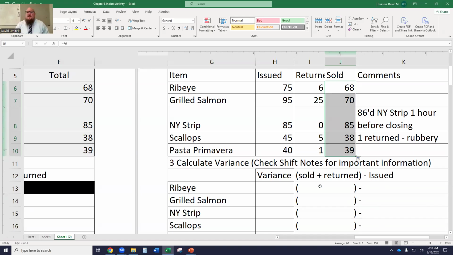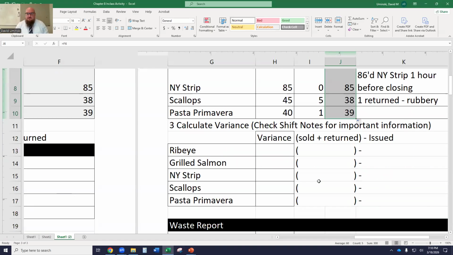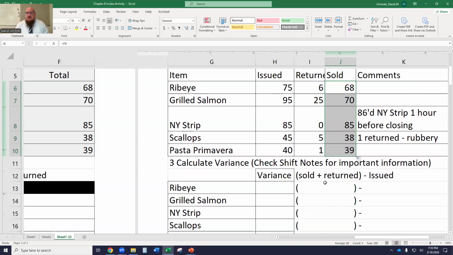Okay, so if I look at my formula right here, I'm going to take the number I sold plus the number that I returned. Okay, so what I sold is my perpetual inventory, plus my physical. So what is 68 plus 6? 74. Excellent. Okay. And then I'm going to subtract the number that was issued.